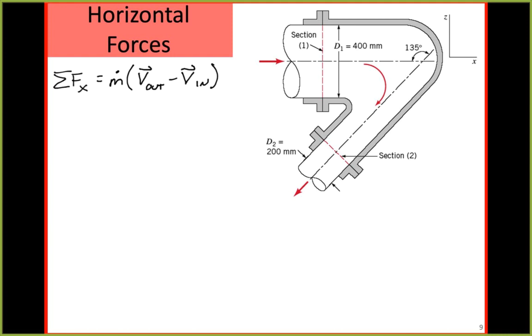So just as we did for conservation of mass, we want our flows to be perpendicular to our control surface, right? So where these things say section 1 and section 2, I'm going to draw my control volume right along those, and it doesn't really matter what else I do with it. So we'll just kind of loop around.